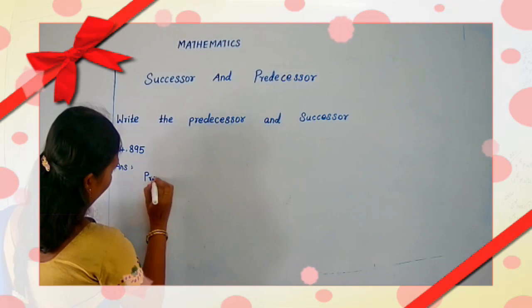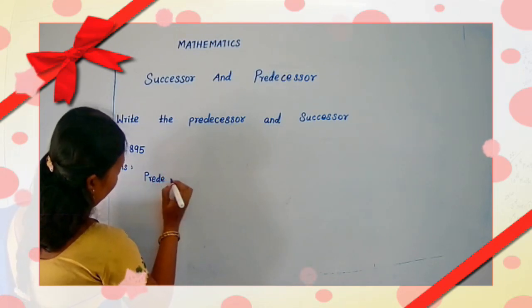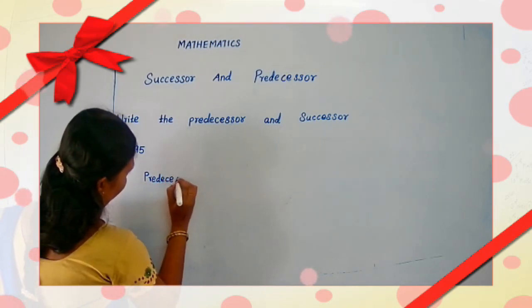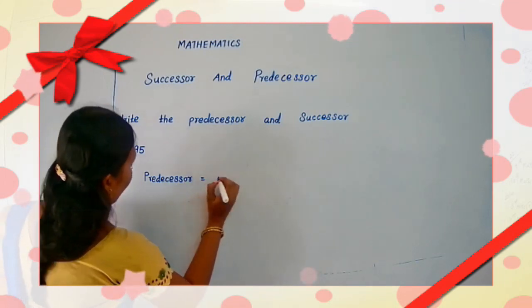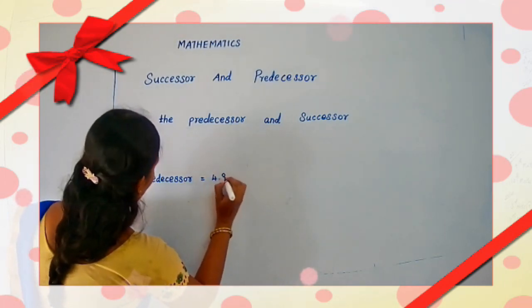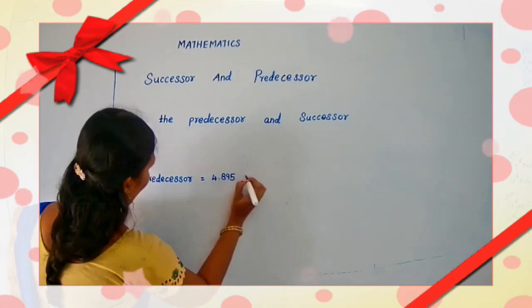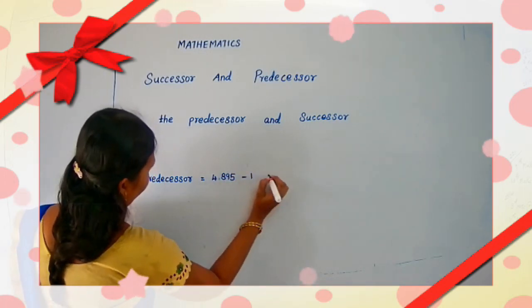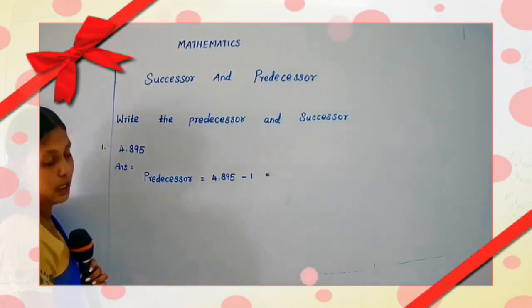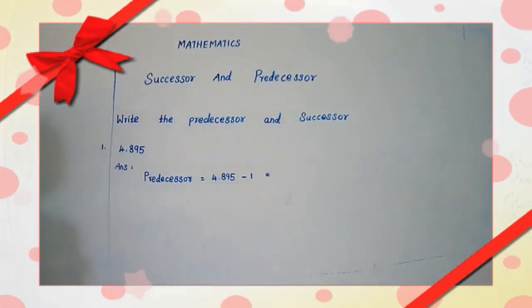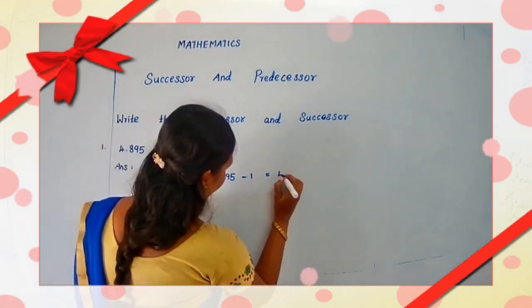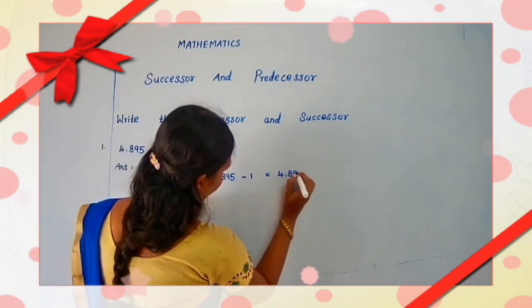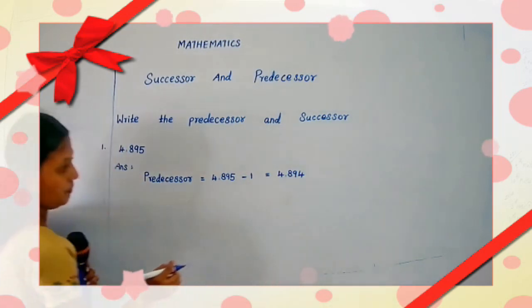Predecessor. 4895. Predecessor means subtract 1. Okay, so predecessor means subtract 1. 4895 subtract 1 means 4894. Yes, ma?